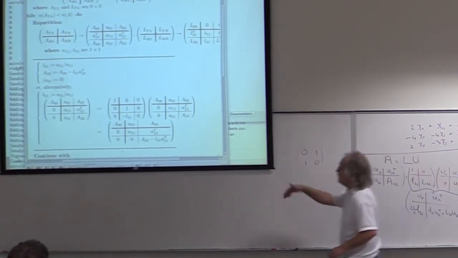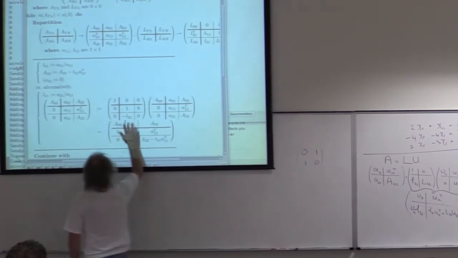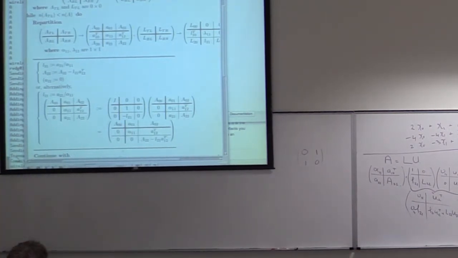Anyway, ignore what's on the bottom here, because I'm going to give a different interpretation of the same algorithm. Notice that here we're computing with a matrix A, and we're overwriting matrix A with U. But obviously we can also overwrite A with L below the diagonal, because we're introducing all of those zeros there, and we might as well put something there.